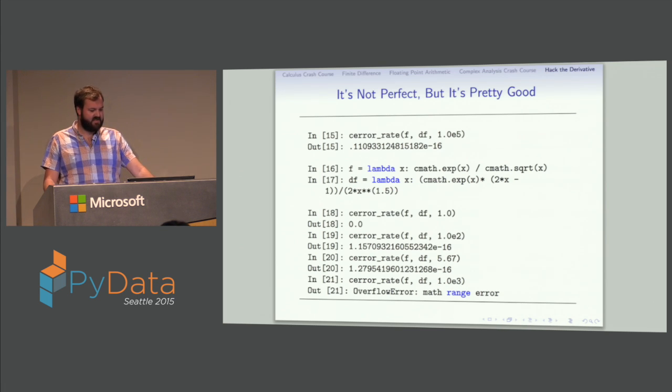And so the C math, I think it's the exp function, doesn't work very well for even relatively small errors. So this does have some pretty stark limitations around what can be computed. That doesn't mean that you couldn't write a better complex implementation of exp to get this to work.